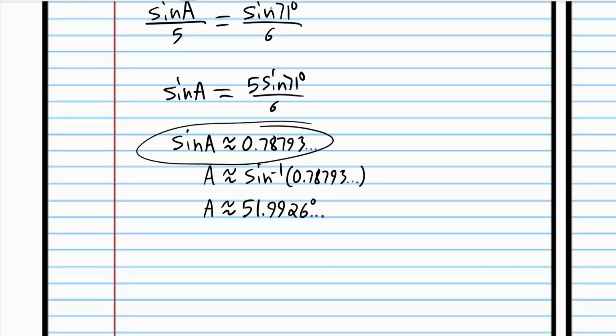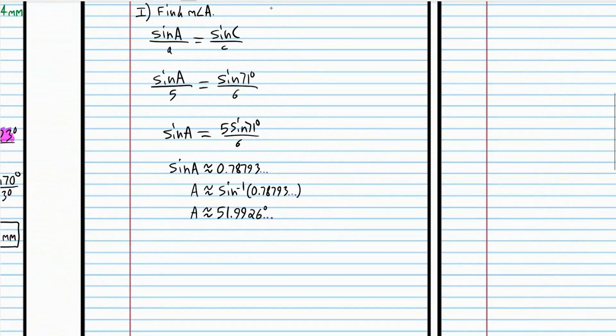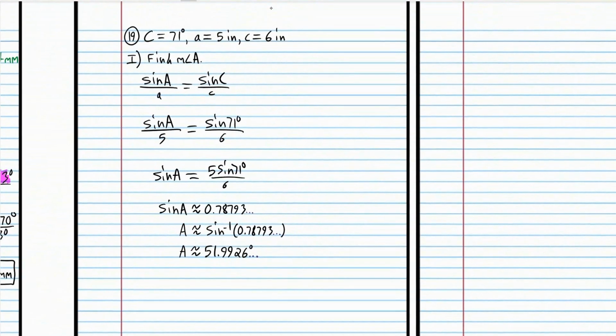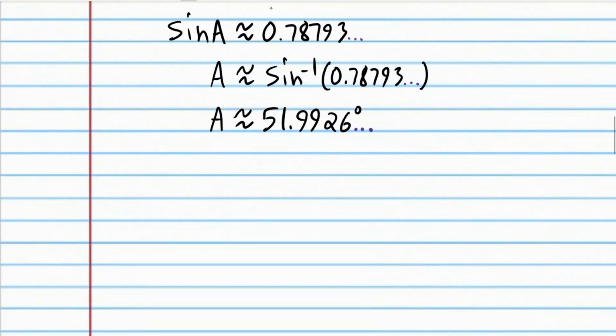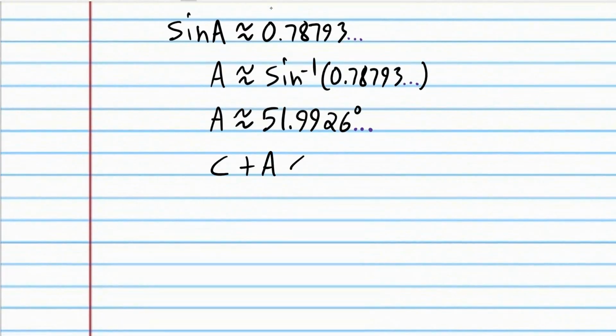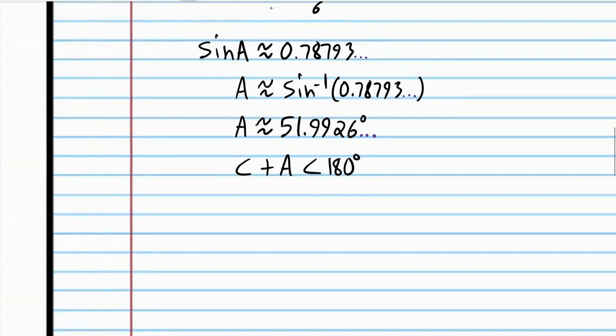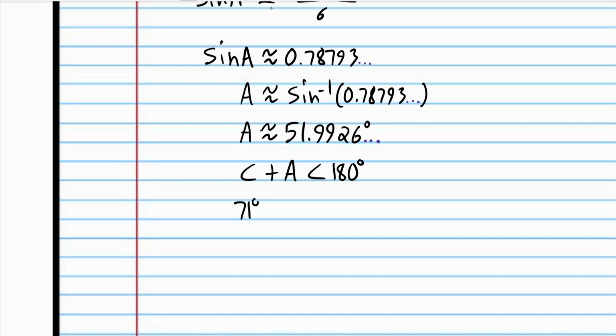But be aware that there's more than one solution to this, so we need to be aware of that. And the first thing we need to do is add this angle with our original angle and make sure that the sum is not greater than 180 degrees, because if it is, we have a problem. That means there's actually going to be no solution. So we need to see if C plus A is less than 180 or not. So C is 71 degrees.